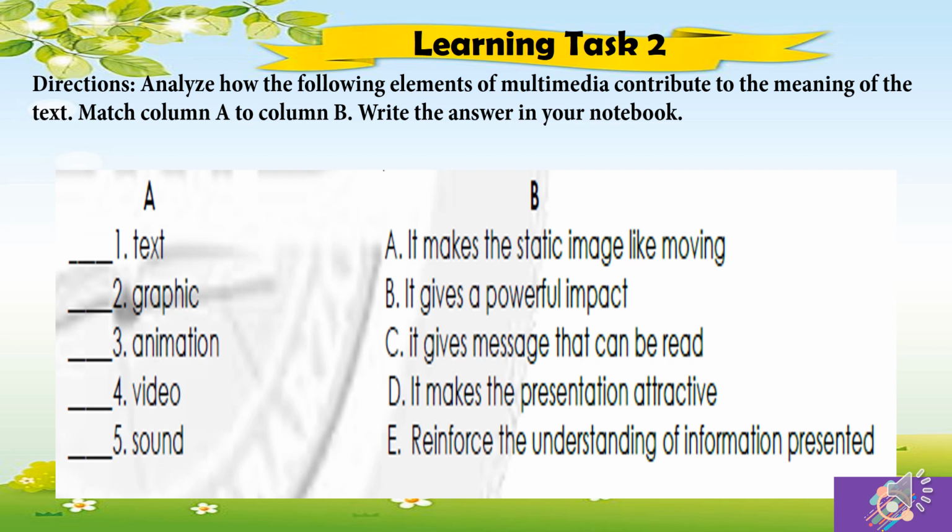And for column B, letter A, it makes the static image like moving. B, it gives a powerful impact. C, it gives message that can be read. D, it makes the presentation attractive. And E, reinforce the understanding of information presented.